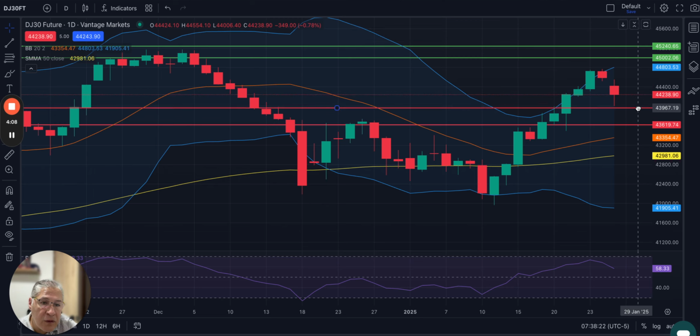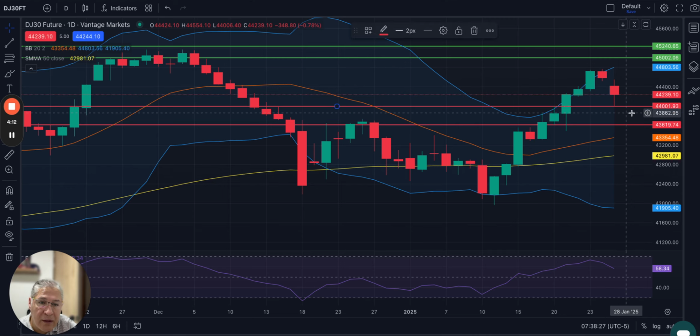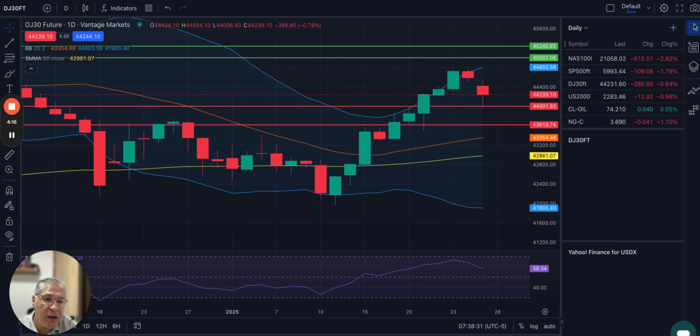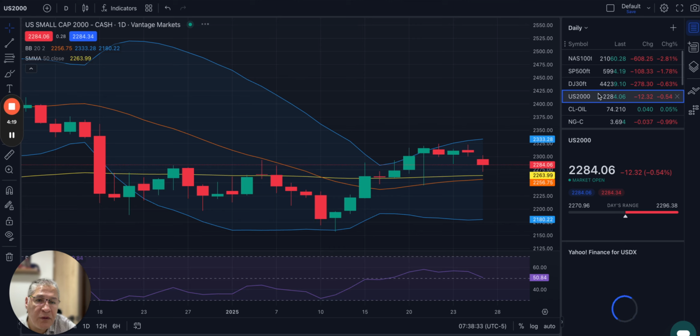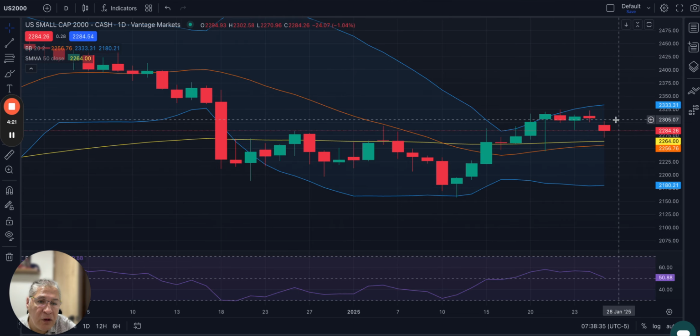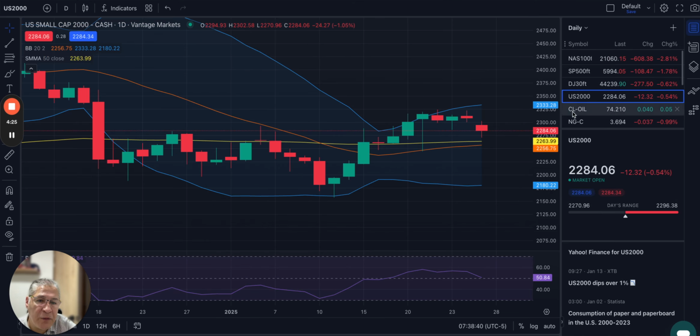Let's use 44,000 just because it's a round number, which is where the Dow actually rebounded. Let's keep that in mind. And look, even the Russell is also open with a gap down. It's not such a strong fluctuation to the downside, but still.